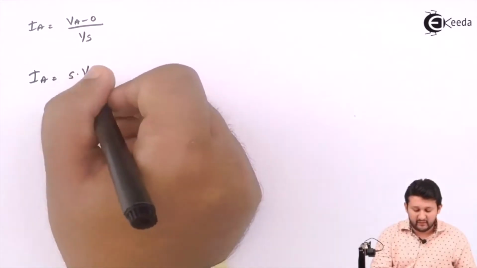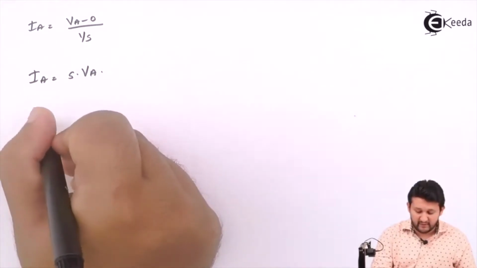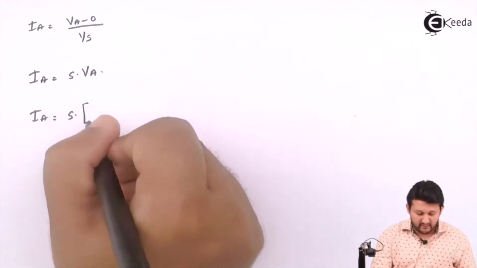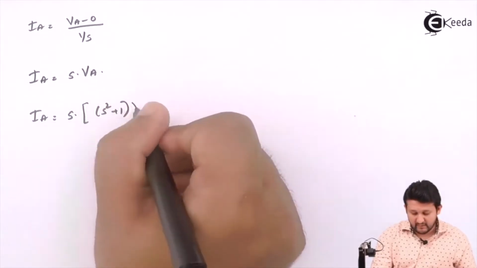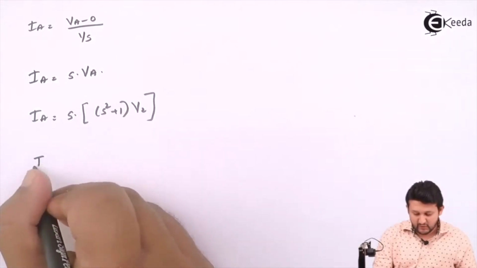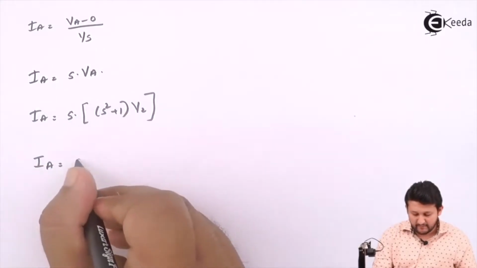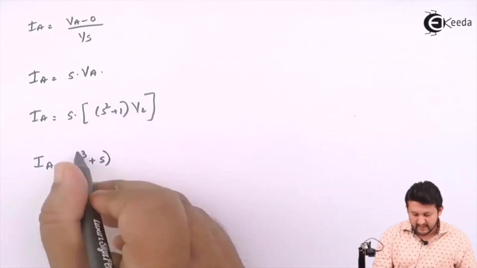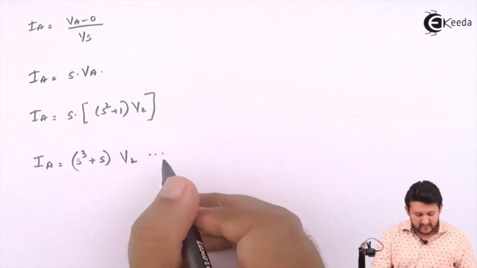You already got the value for VA, my dear friends. Put the value for VA over here. It will be S into S square plus 1 into V2. So your IA will be equal to S cube plus S into V2. That's it.